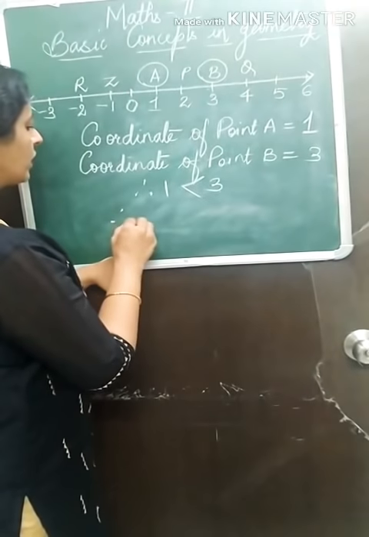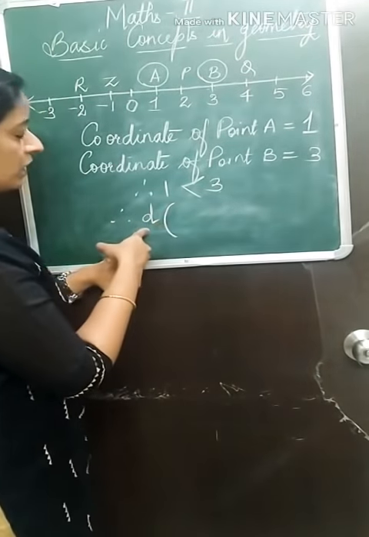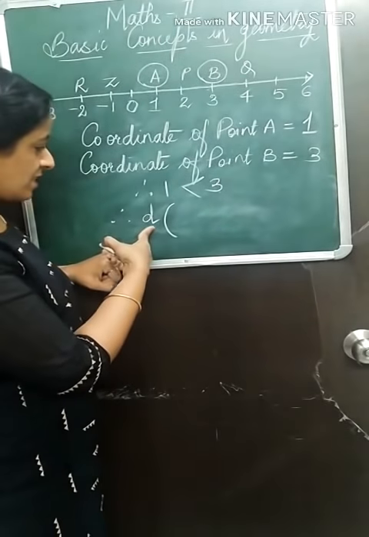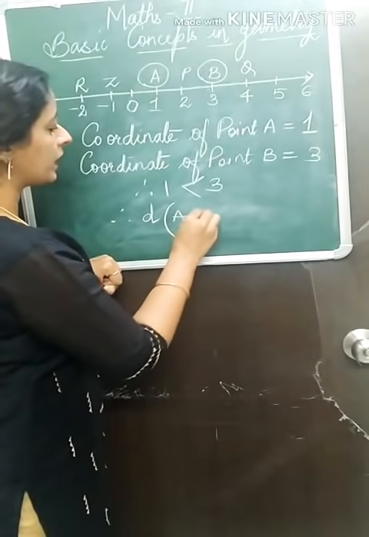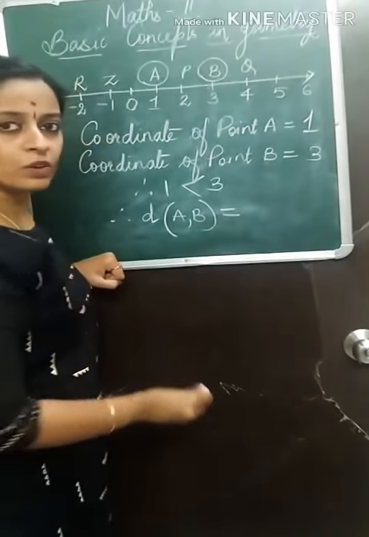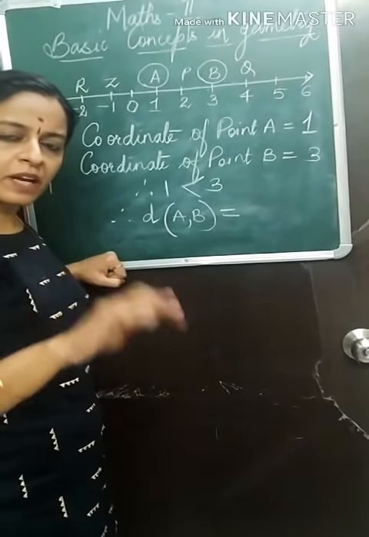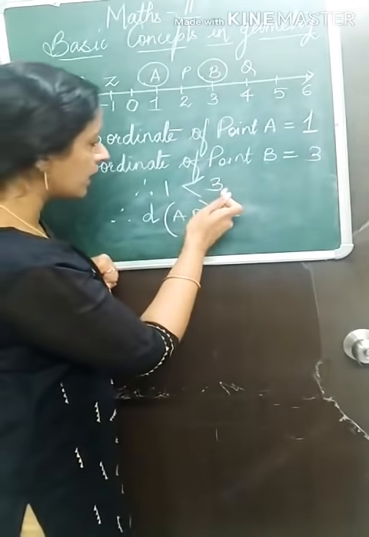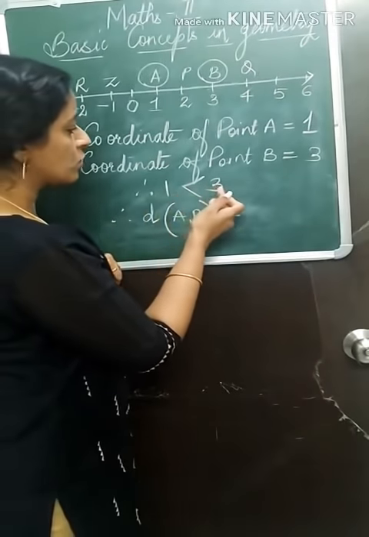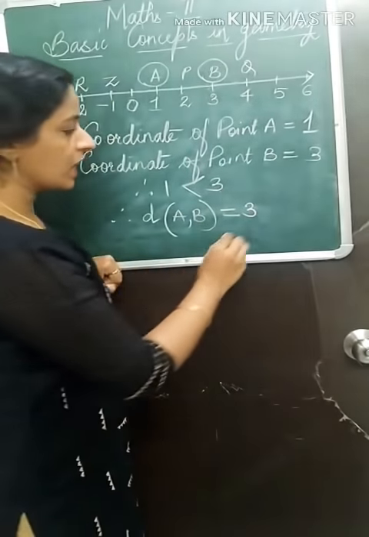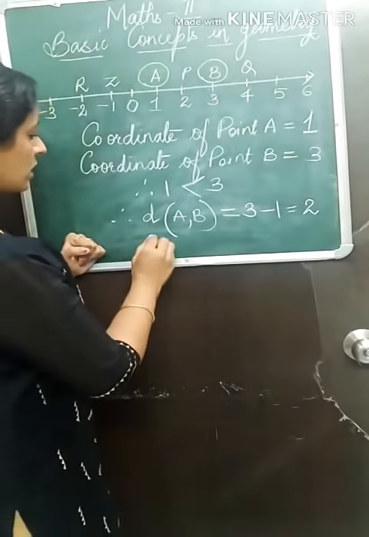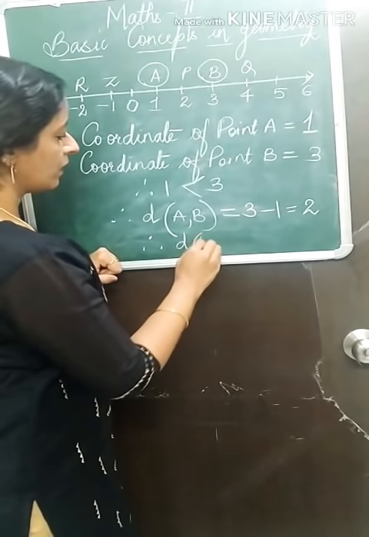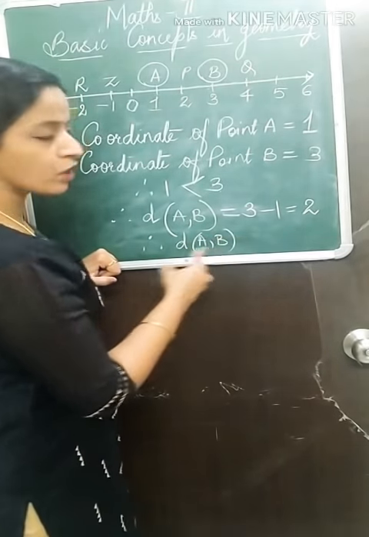So therefore, distance between, the small d you will read as distance between which 2 points? A comma B equals bigger coordinate minus smaller coordinate. Bigger number minus smaller number. So bigger number is 3. 3 minus 1, which is equal to 2. So what is the distance between A and B, or B and A?